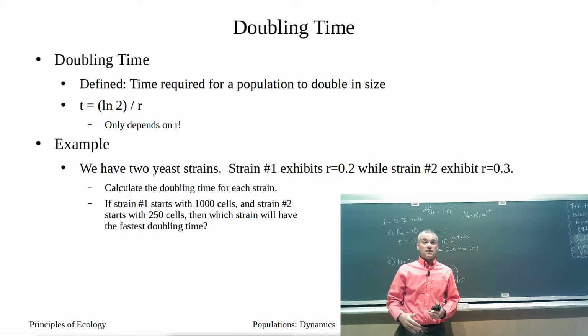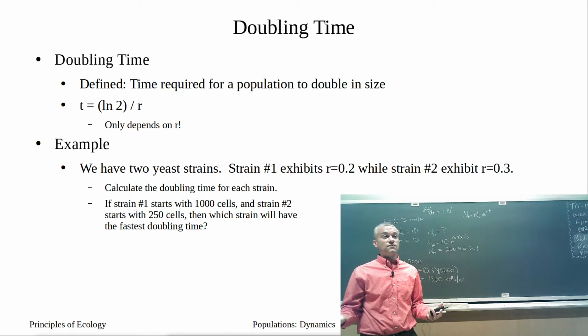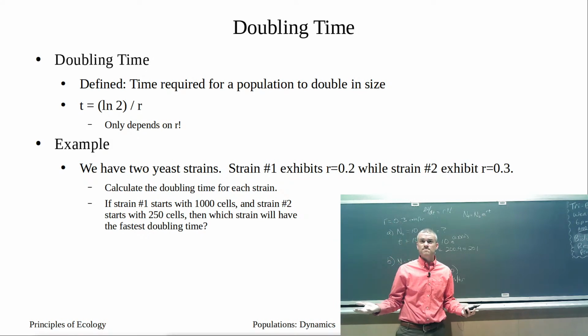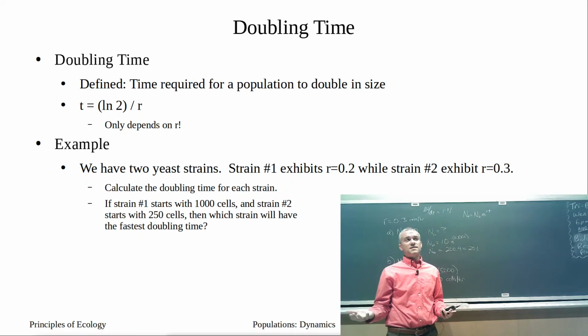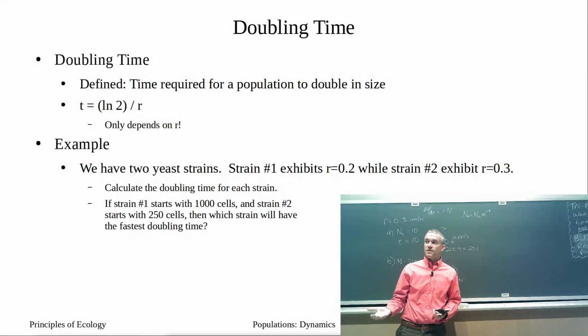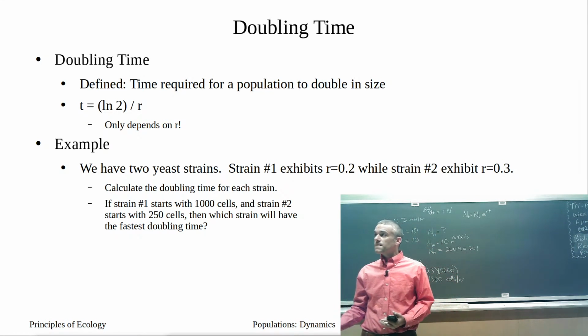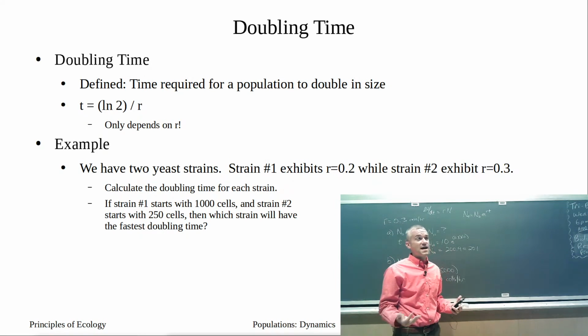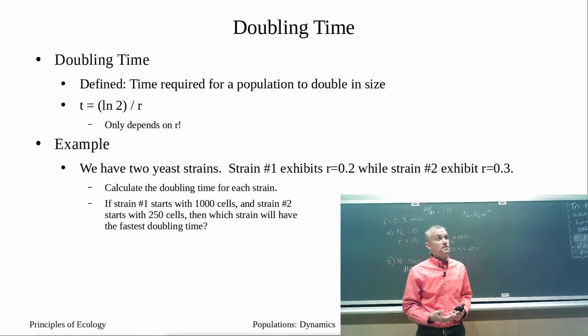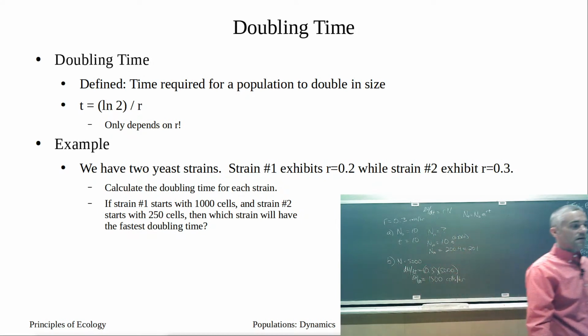All right, so if we compare two different strains of, let's say, bacteria, the bacteria with the larger R is going to have the shorter doubling time. If you have two strains of yeast and they have the exact same R, they're going to have the exact same doubling time.